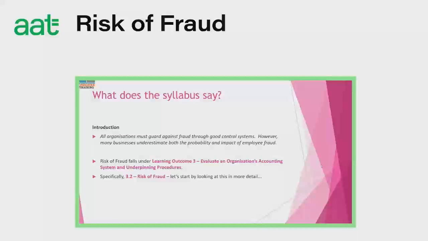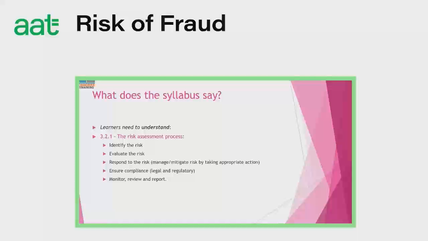Hopefully, if you're on this session, then you are already aware of that. As I say, risk of fraud falls under Learning Outcome 3, evaluate an organisation's accounting system and underpinning procedures. Within Outcome 3, it is 3.2, risk of fraud, that we're going to have a look at in more detail.